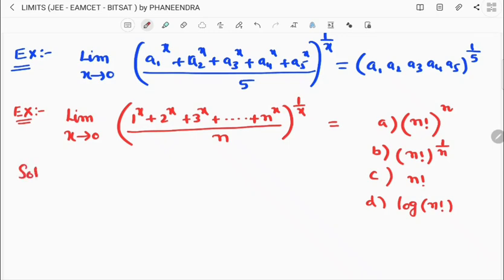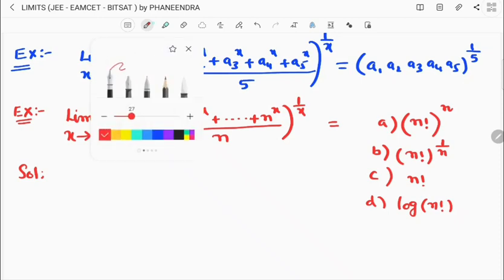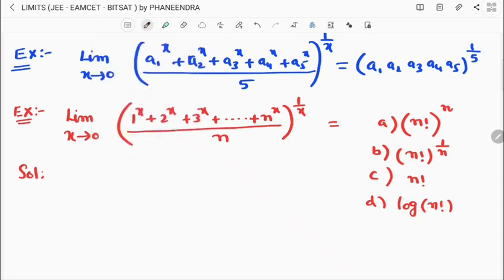See, by using the shortcut formula, in place of a, b, c, d and so on, what values are there? Which is equal to 1 into 2 into 3 into and so on into n. How many numbers are there? N numbers are there. So 1 by n.